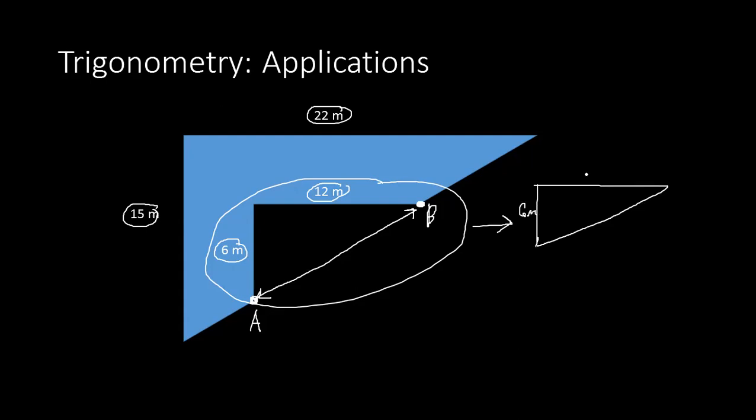So we have 6 meters, we have 12 meters, this is point A and this is point B. We want to know the missing side here. I think you already know how to find it. If you think of the method you use in solving simple geometry problems, I think you will understand what method you're going to use here. So this is one of the basic applications of trigonometry.